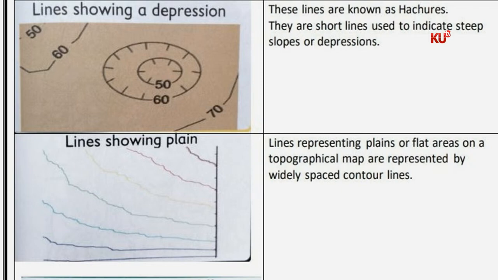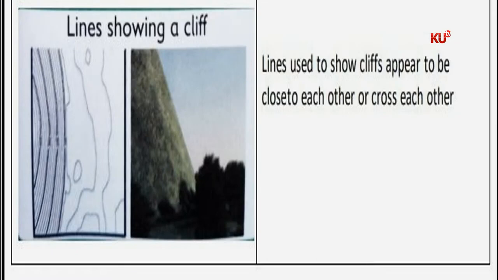Then, lines showing a cliff. These are lines used to show cliffs. They appear close to each other or across each other. So in lines showing a cliff, they are either together or crossing each other.